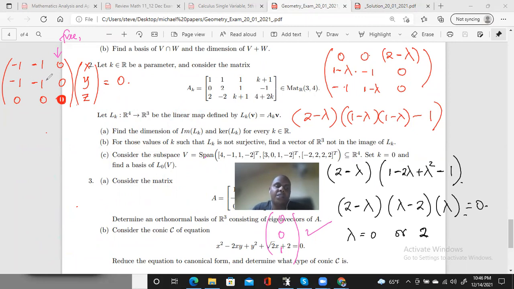I wanted to reduce it, but you can't reduce it. So at this point, you can see that x equals negative y, right? Yes. And then z equals s. So there is no relationship between x and y and z. X and y have a relationship, but they are not related to z.